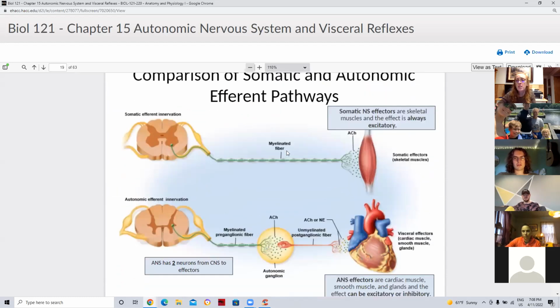So comparison of the somatic versus the autonomic efferent pathways. Somatic effectors are always skeletal muscles, and the effect is always excitatory. And they're always myelinated neurons.